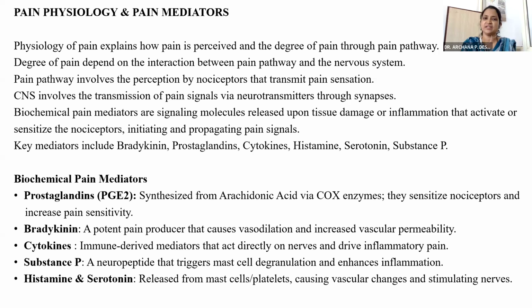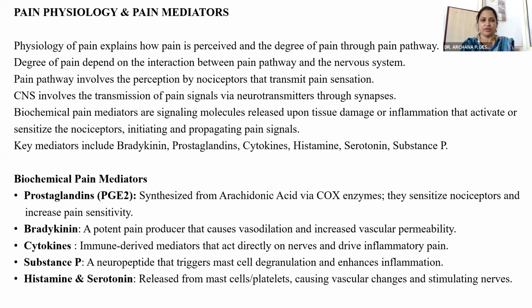So the pain pathway and the CNS have a relation. Nociceptors act through the pain pathways, and through the neurotransmitters and synapses, we feel the pain through the CNS. Both are interlinked to each other, and they maintain the pain concerning the signaling.